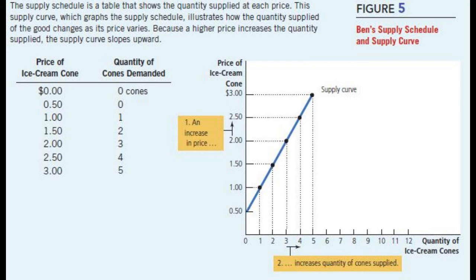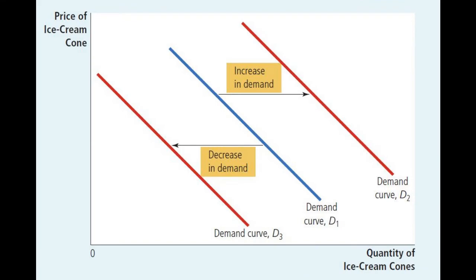So let's recall some of the things that can shift demand and supply. Now, the first thing the book talks about is that demand can be shifted by income. Demand can be shifted by income. And this looks a little different depending on what type of good we are talking about.